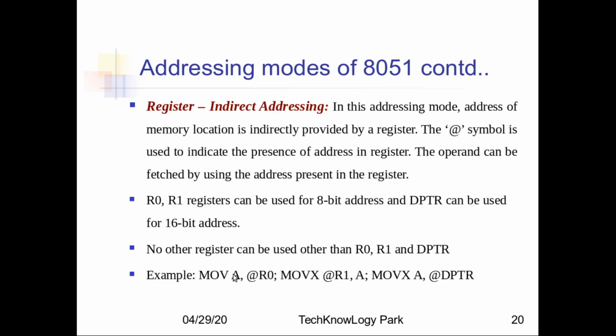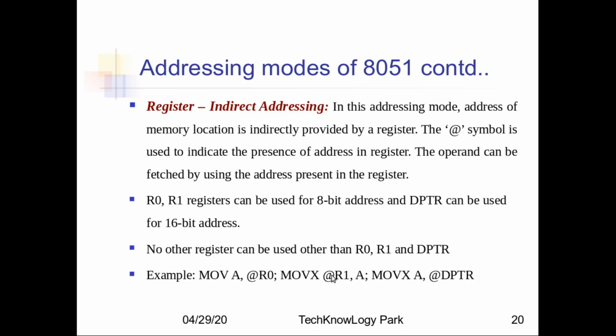Very important: @R0 means whatever is the content of R0. For example, if the content of R0 is 10H, then @R0 means 10H, so you can treat this instruction as MOV A, 10H. 10H is an address: go to that address, fetch the content and store it in the accumulator.